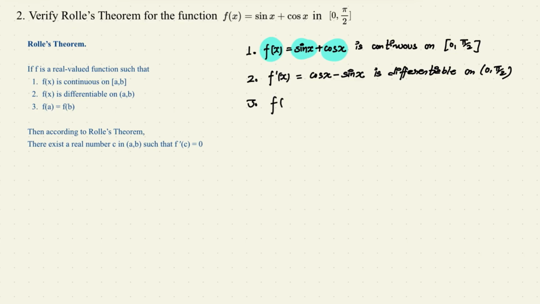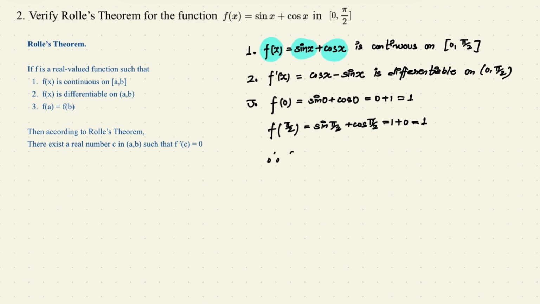So here we check f(0), which is sin 0 plus cos 0, equal to 0 plus 1 equals 1, and the value of f(pi/2) will be sin(pi/2) plus cos(pi/2), which equals 1 plus 0 equals 1.